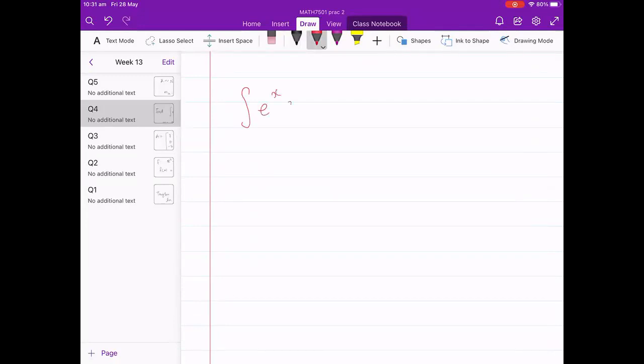The integral of e to the power x sine x dx. Okay. How would you approach this question? By parts. Very good. Do you remember the by parts formula?